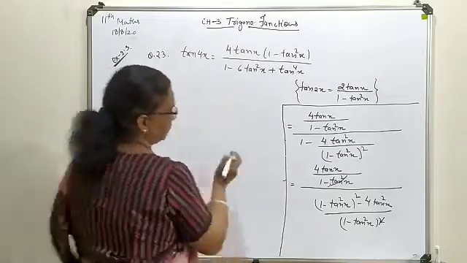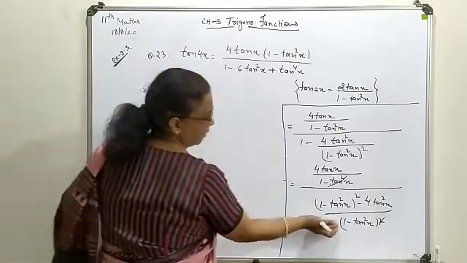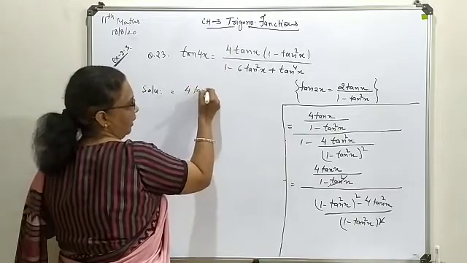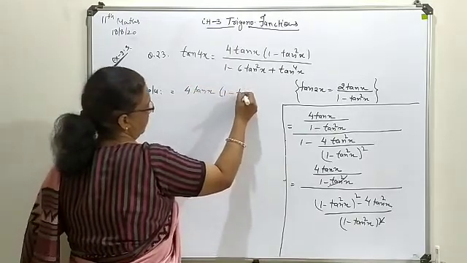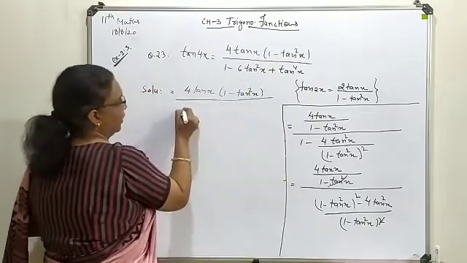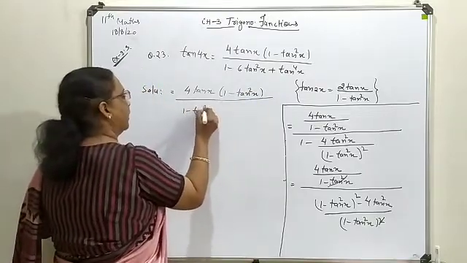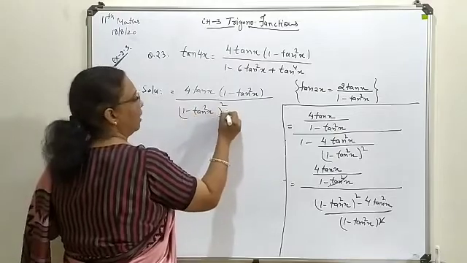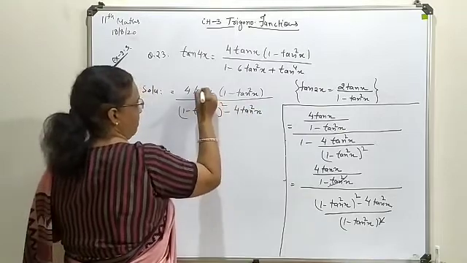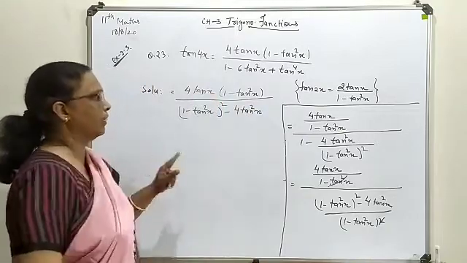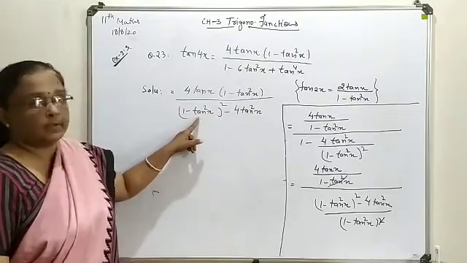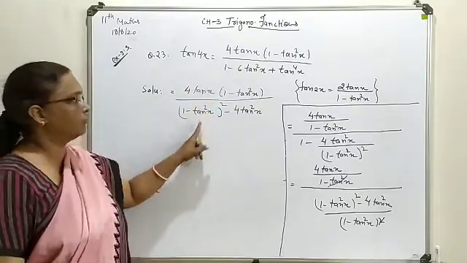Now here, on inverting this term and multiplying over here, this will be your 4 tan x into 1 minus tan square x. In denominator what remains with us? 1 minus tan square x whole square minus 4 tan square x. Now one more thing remains to solve, that is the square of this term, because the answer is written in form of tangent.